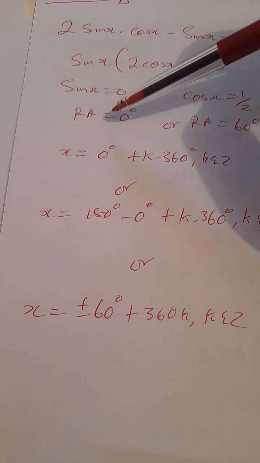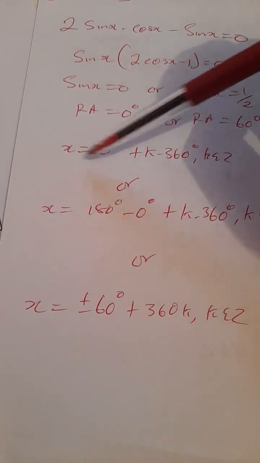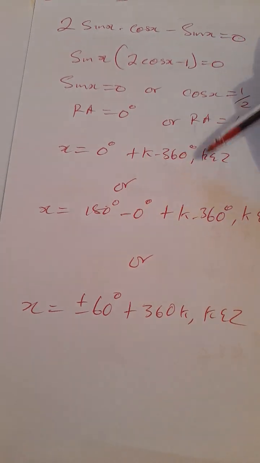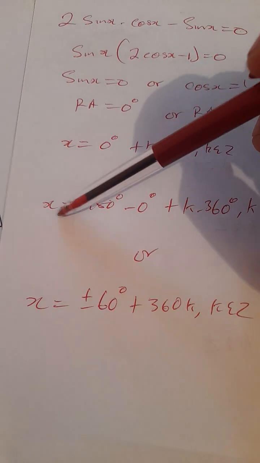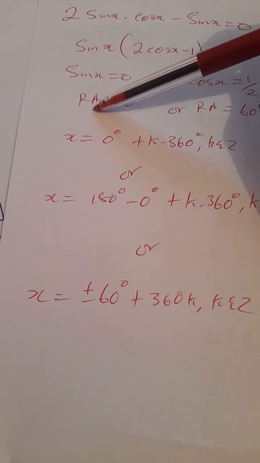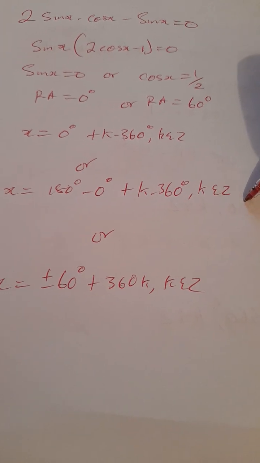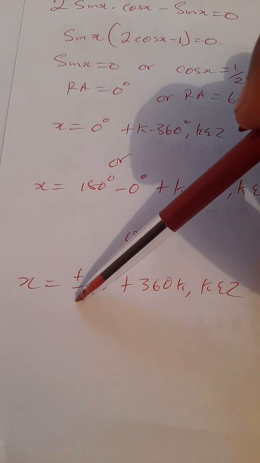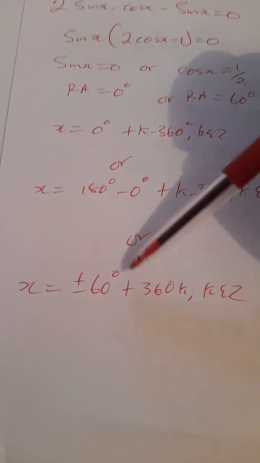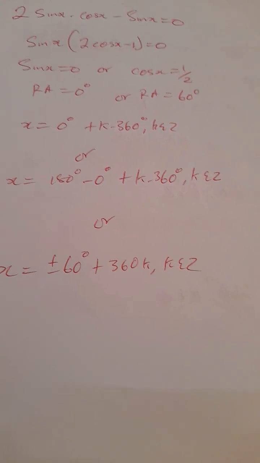Now, the general solution for the reference angle 0 degrees is 0 degrees plus k360, where k is an element of integers, or you can say 180 minus 0 degrees plus k360, where k is an element of what? Of integers. Or you can take plus or minus 60 degrees plus k360, where k is an element of all integers.